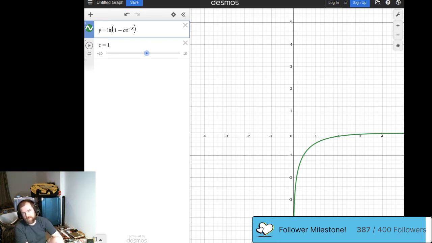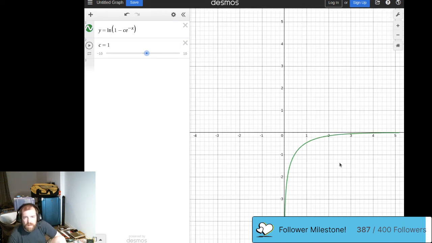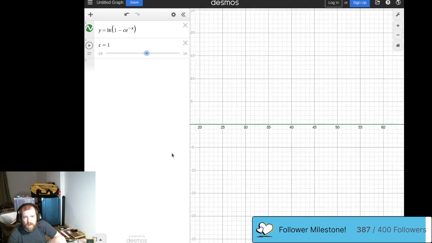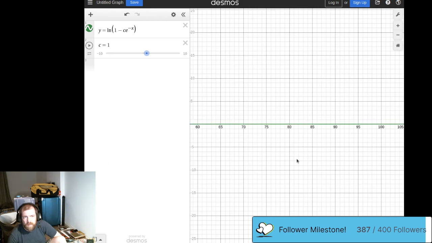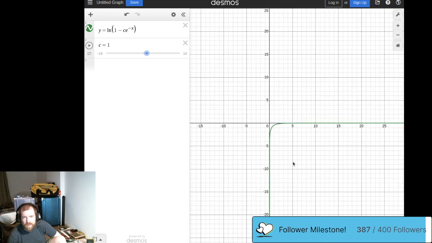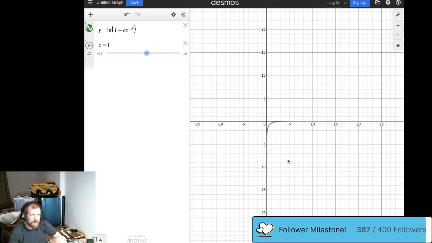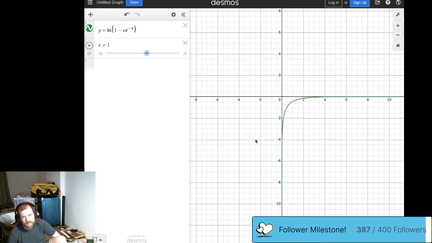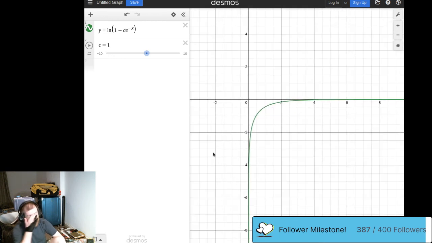What am I doing? Okay. Natural log. c is 1. This is 1 minus e to the negative x. Oh, that's going to 0. There we go. Phew. I'm okay, I promise.